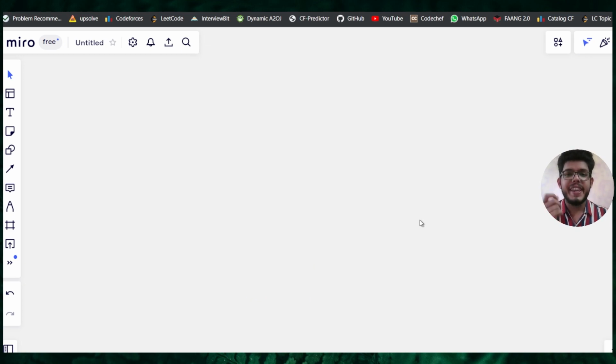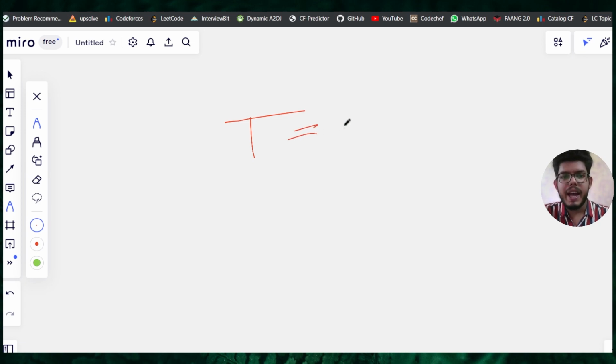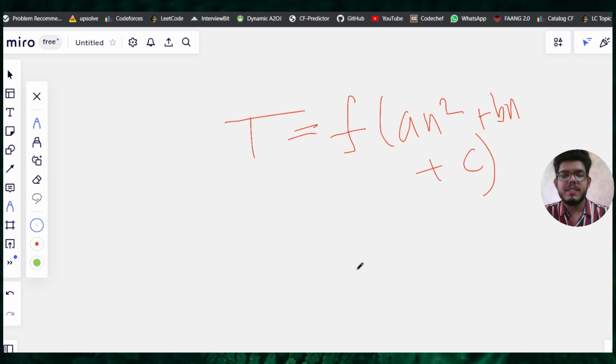So let's say we have an algorithm where time is a function of, let's say t is the time, and it is a function of an square plus bn plus c. Fine. So we have this algorithm where time is a function of an square plus bn plus c. So time follows a quadratic curve of this form.